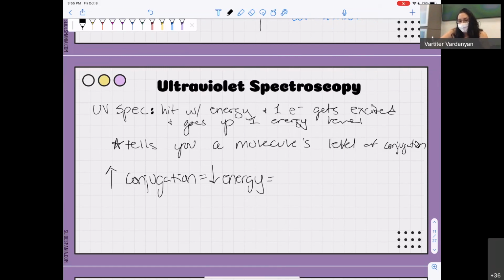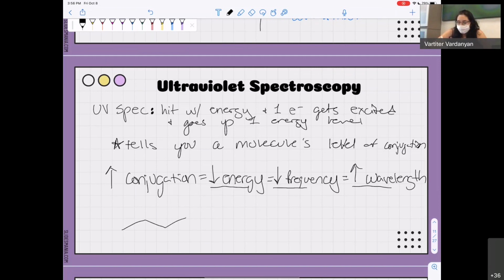That corresponds to a lower frequency and a longer wavelength. So basically what you need to know about UV spectroscopy is that higher levels of conjugation means that something is more stable, so it'll absorb less energy. That means it has a lower frequency and a higher wavelength. So just know how those relate to one another.